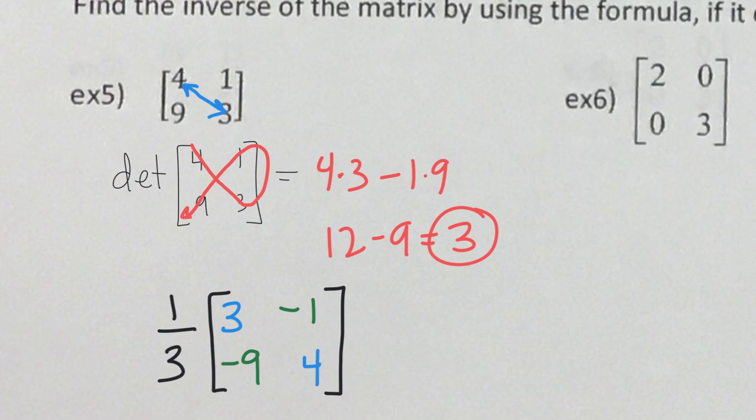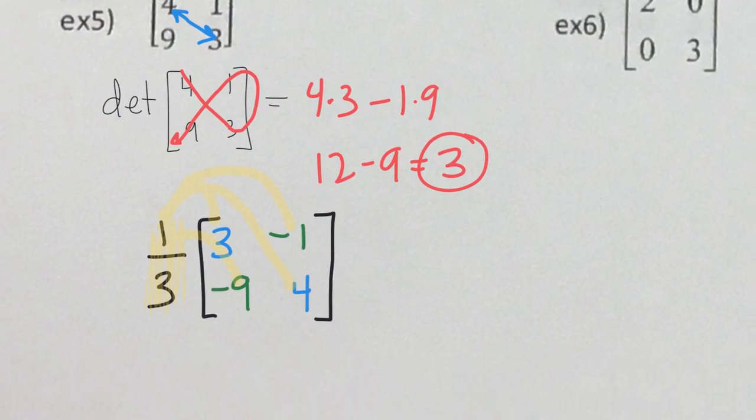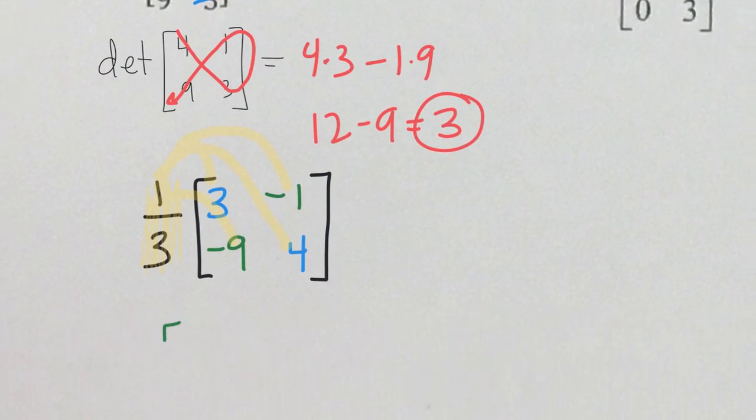So then the last step is to simplify this, and you simplify by taking your 1/3 on the outside and distributing it to all the pieces of your matrix. So the 3, the negative 1, the positive 4, and the negative 9. We distribute into all the parts so that we have one matrix in the box.